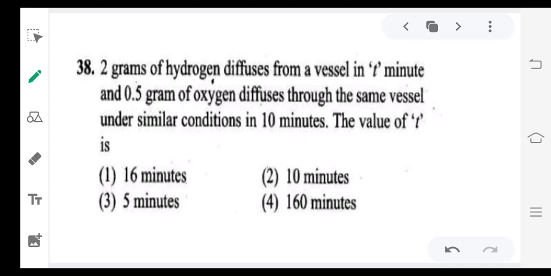So diffusion of two gases is given, hydrogen and oxygen. 2 grams of hydrogen diffused in T minutes, and from the same vessel, 0.5 grams of oxygen is diffused in 10 minutes. They are asking the time taken for hydrogen diffusion.